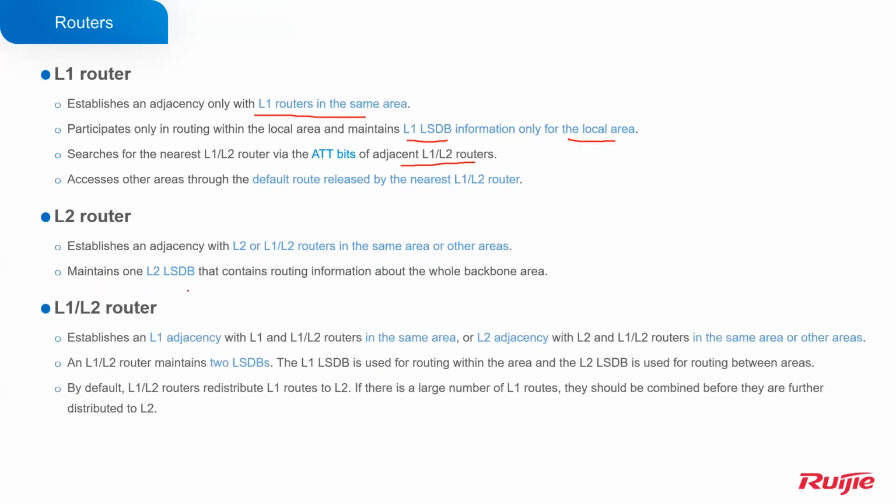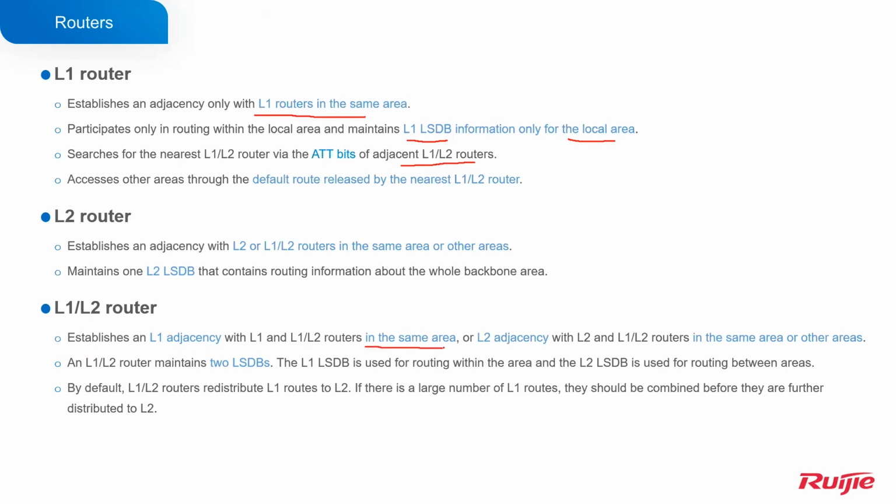And the third type of router is the level 1 and 2 router. Because with this router, you have a level 1 relationship and also a level 2 relationship. So you can establish a level 1 adjacency with a level 1 router. And also you can establish the level 1 relationship with a level 1 and 2 router in the same area.